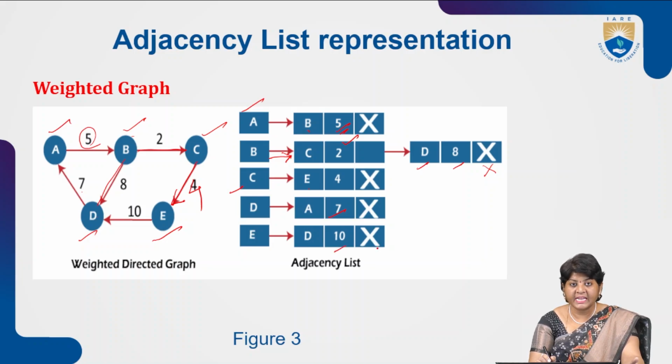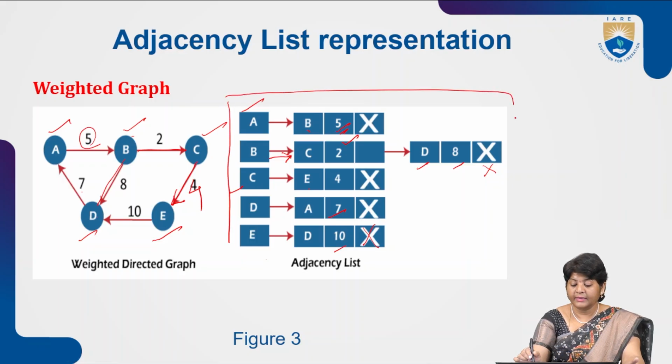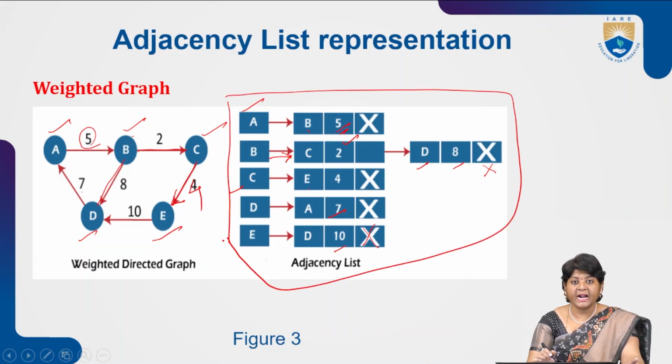Since we don't have any other neighbors, we ended with a cross mark, which indicates there is no other neighbor or adjacency vertex to vertex E. So in this way, we will find the adjacency list for a directed graph.